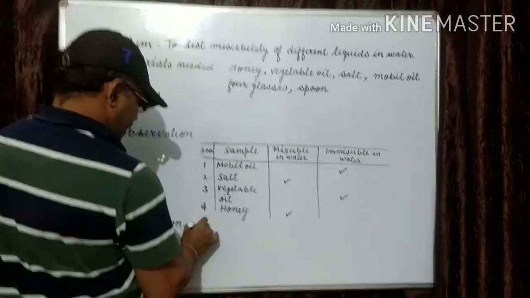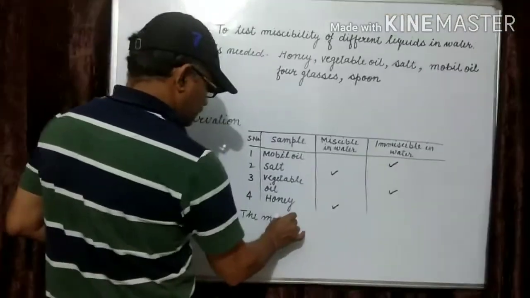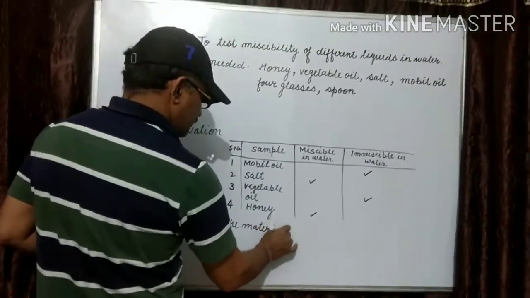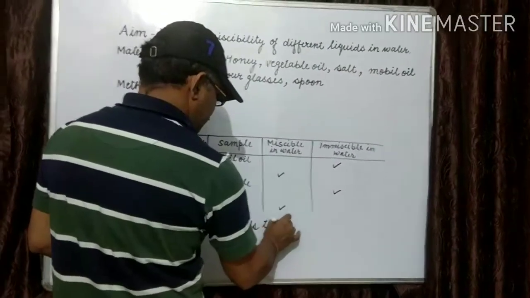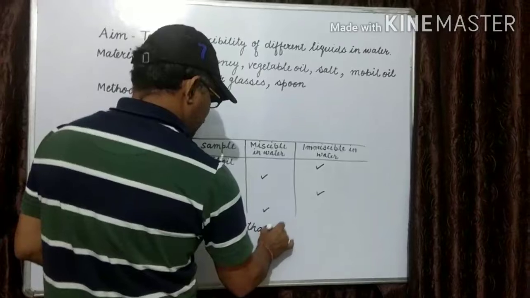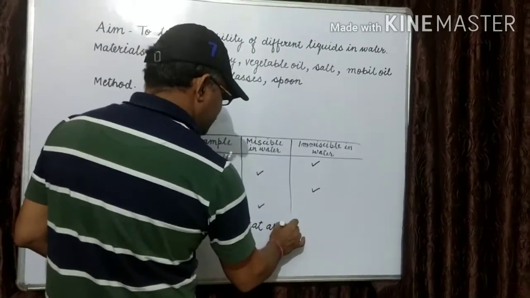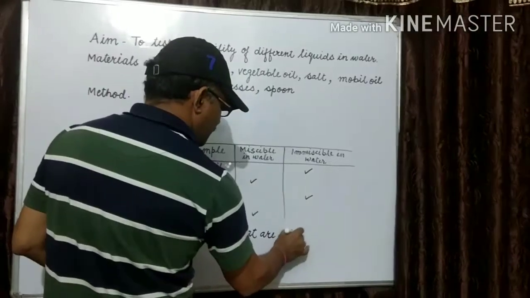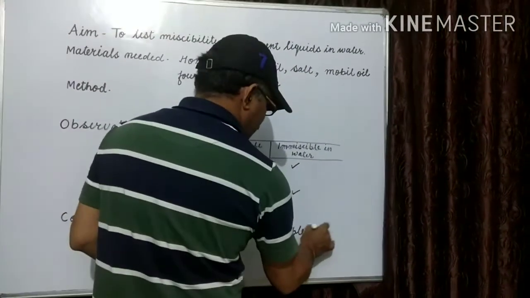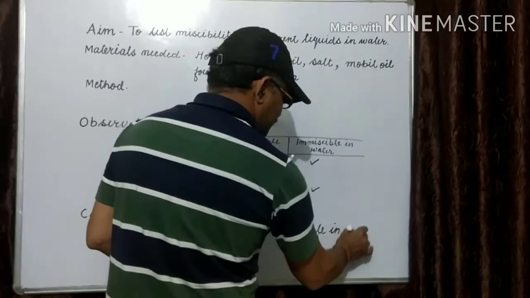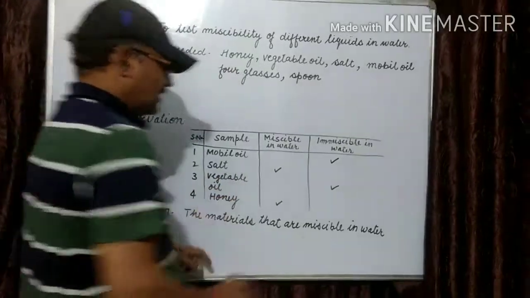Conclusion. The materials that are miscible in water. Which ones are miscible in water? Salt and honey.